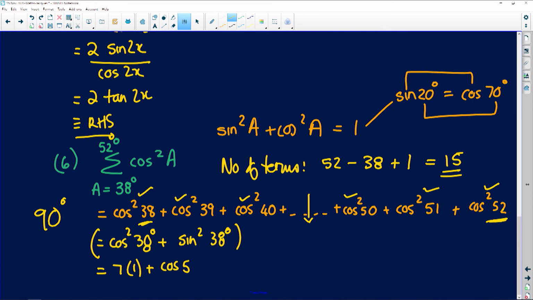If there's 15, if I add 7, I'm at 45. I'm going to take my 38 degrees and add 7 to the 38 and I get the cosine of 45. Where's this now? 45 over there, and that gives me 7 plus 1 over the root of 2 as my sum of my sequence.